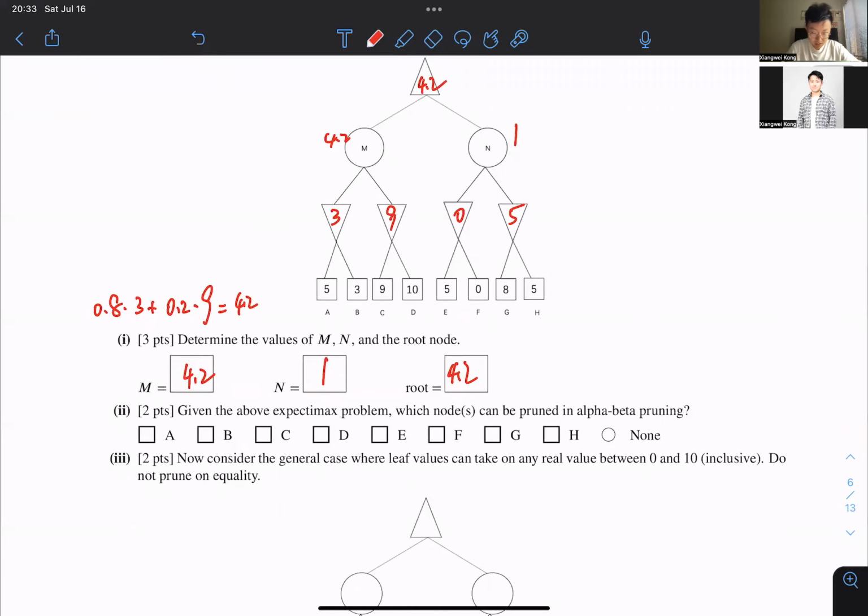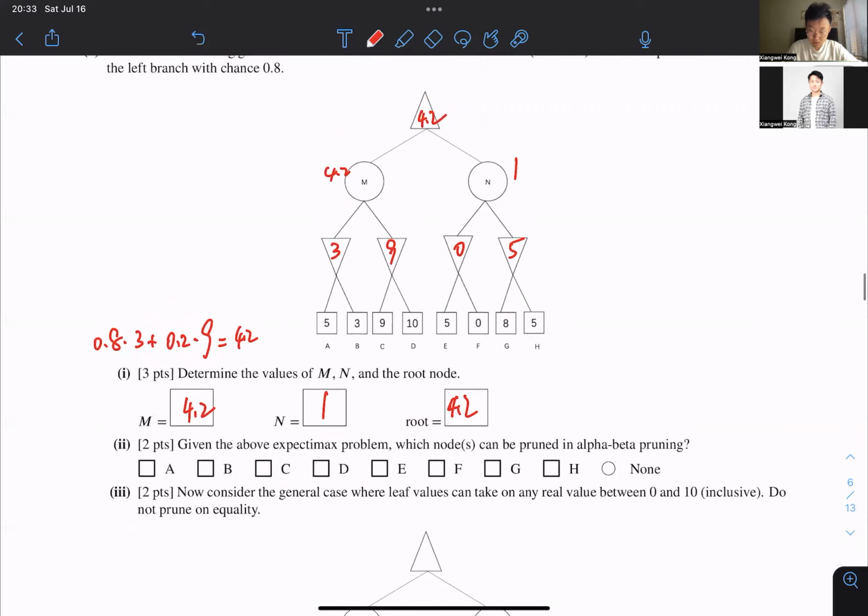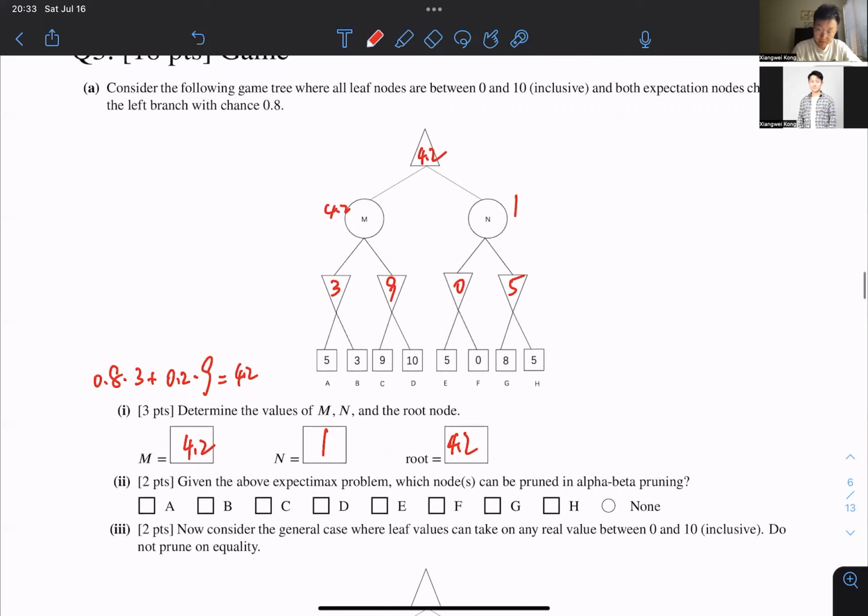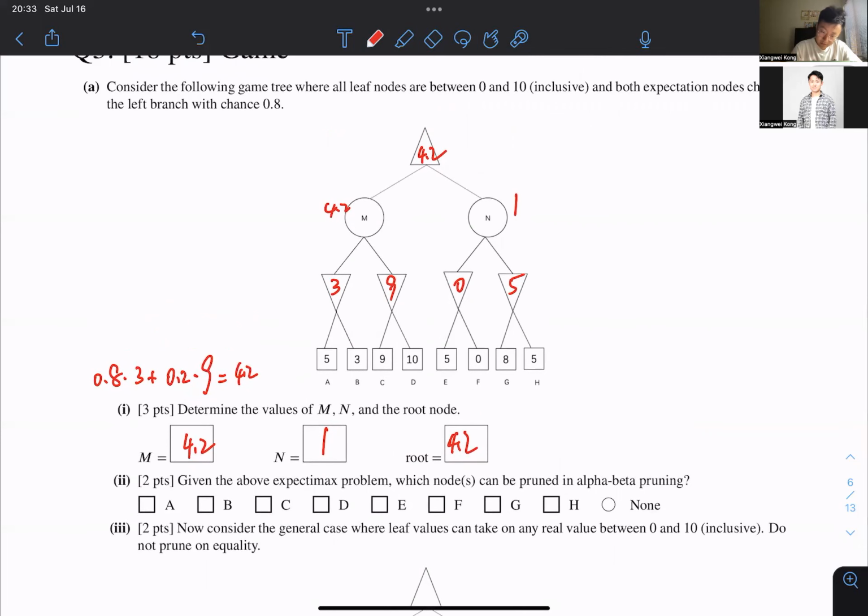Given the expectimax problem, which node can be pruned in alpha beta pruning? For this question, we'll look from left to right, and this is just for the 4 leaf nodes of the left expectimizer. We cannot prune anything because we need to determine the value for M. Then we go to 5 and then 0.